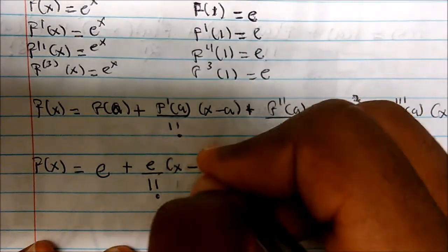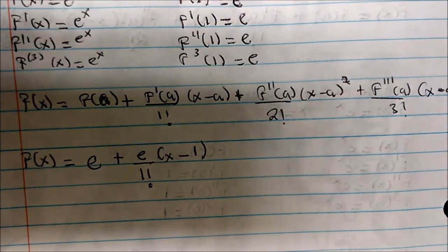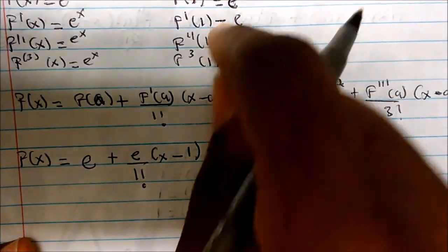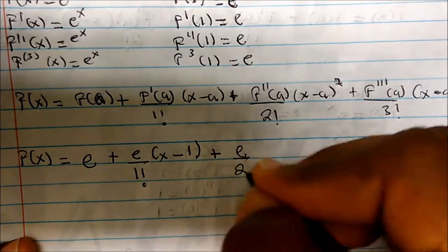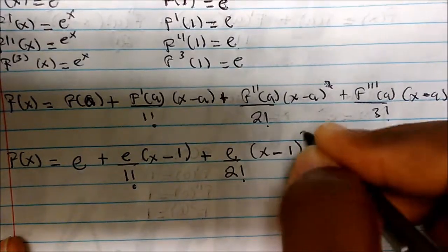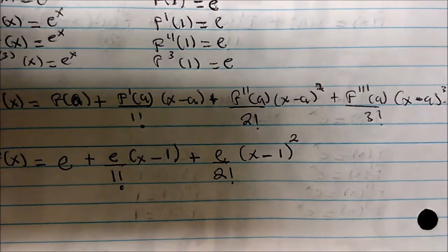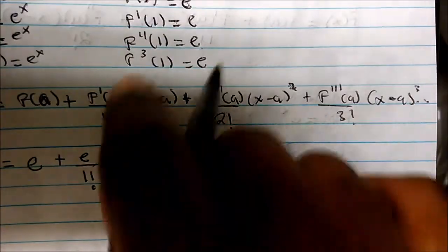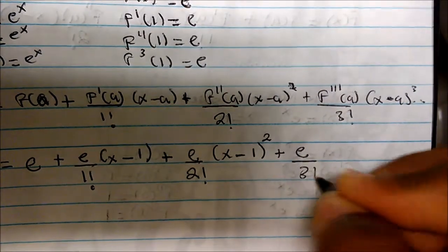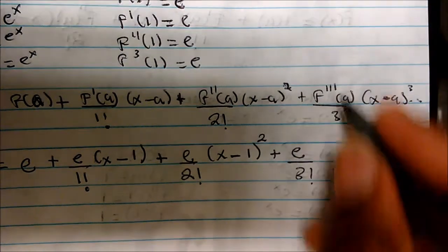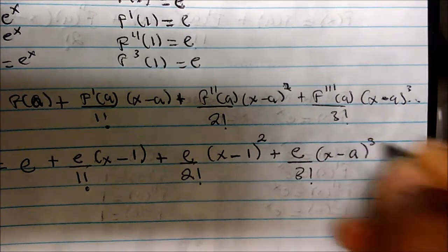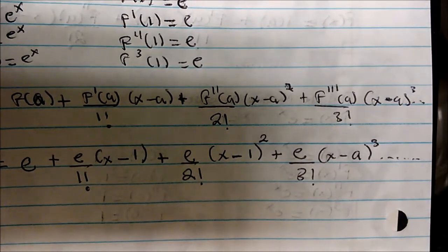Our a happens to be 1. And then we're going to add that to f double prime of a, which is e. We're going to divide that by 2 factorial, x minus a. Again, our a is 1, and we square that. And again, f triple prime of a happens to be e also. We divide that by 3 factorial, and then we simply multiply by x minus a cubed. And again, it goes on and on.